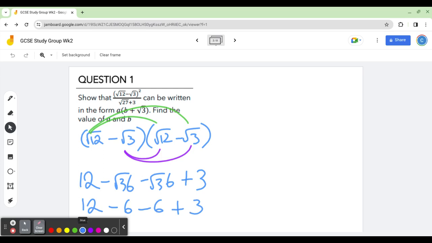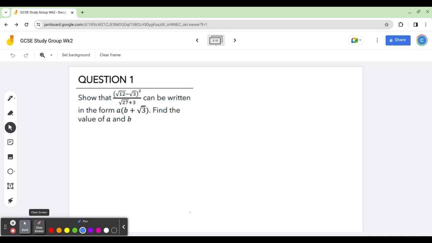I'm going to clear the screen to create some more room. My numerator is 3 and the denominator is root 27 plus 3. To rationalize that denominator, I am going to times by root 27 minus 3 on my numerator and root 27 minus 3 as my denominator.